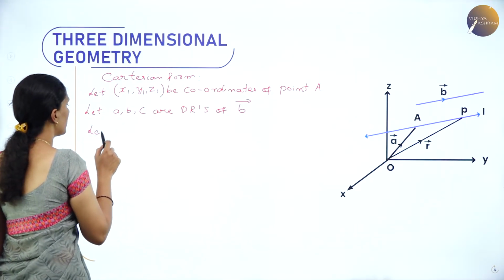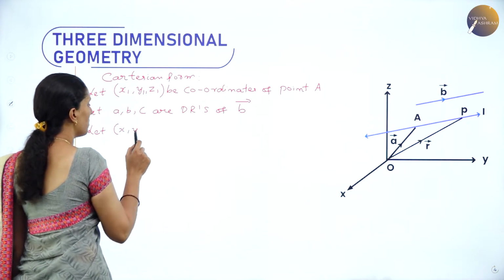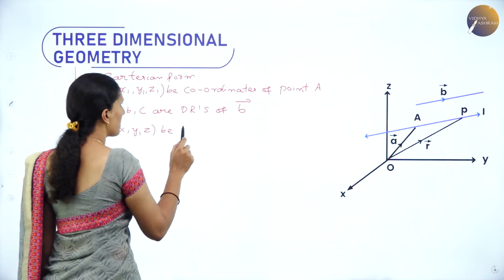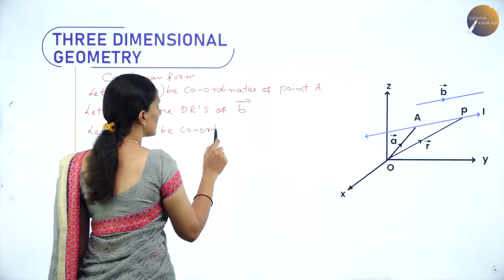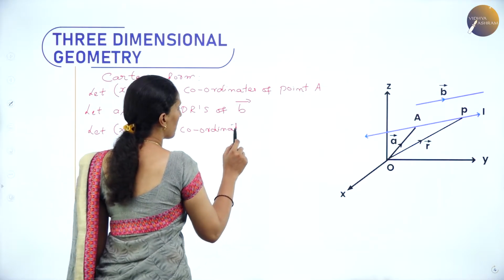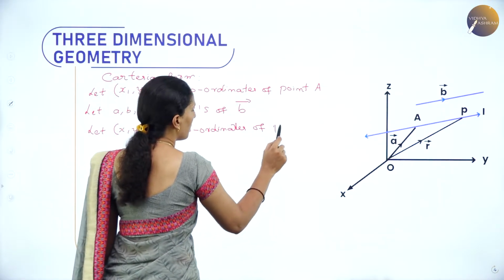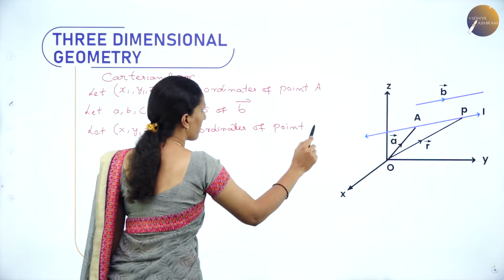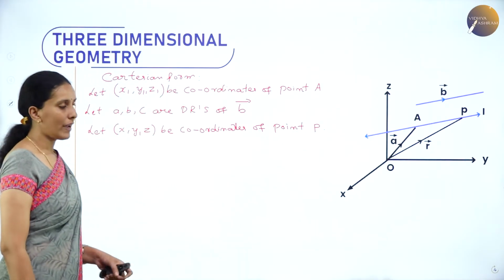Next, let x, y, z be the coordinates of point P. Now this is what we have to take.